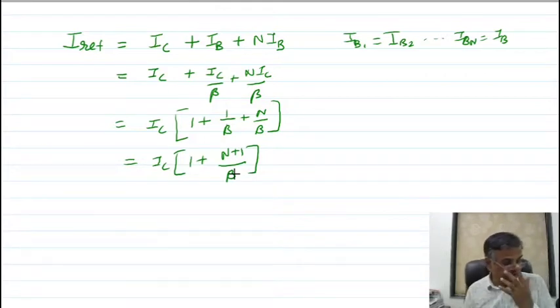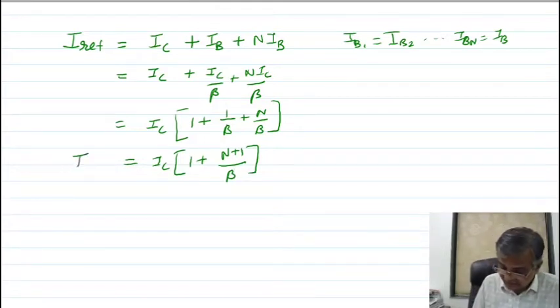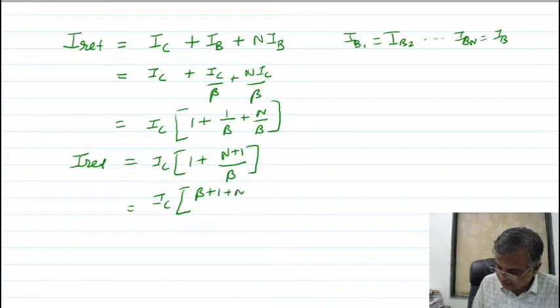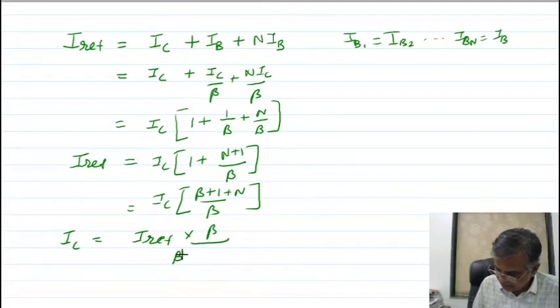So you can write IC is equal to I reference into beta upon beta plus 1 plus N.